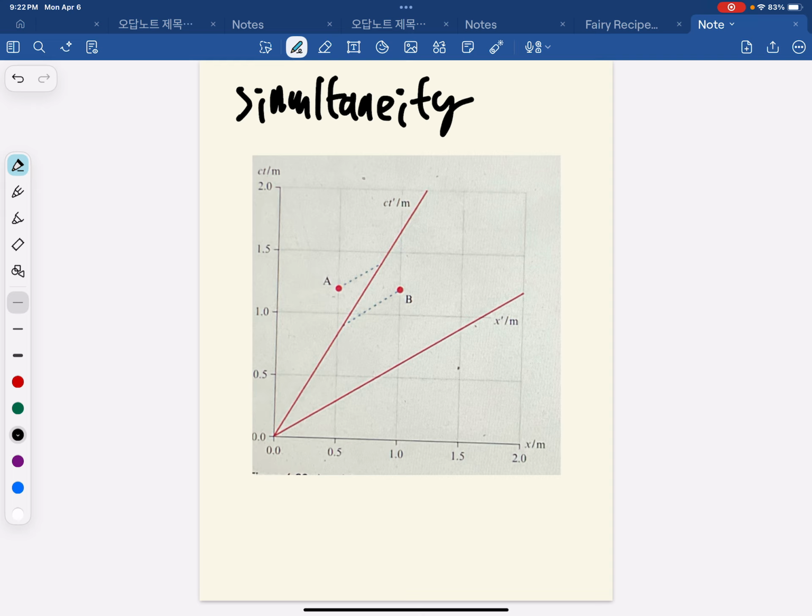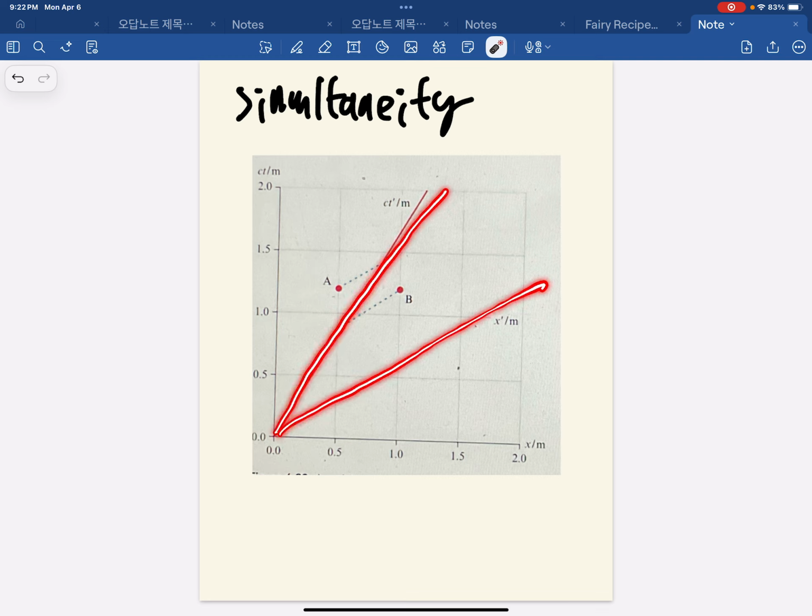So we have two events, event A and event B. Let's first look at where these events A and B happen when we're looking at them from a moving frame's perspective. When we're looking at events from a moving frame's perspective, we're going to use these two axes over here.